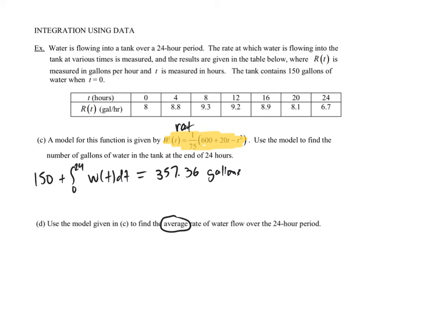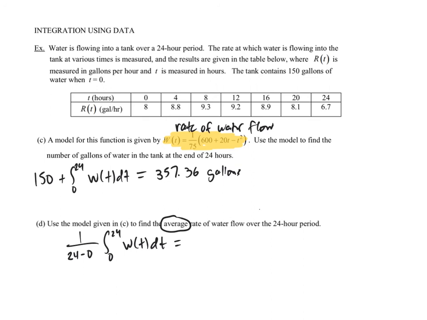This function right here represents the rate of water flow. And so in order to find the average, we're going to use the average value formula. So 1 over b minus a, the integral from a to b of w of t dt. And the value of this is going to give me the average value.